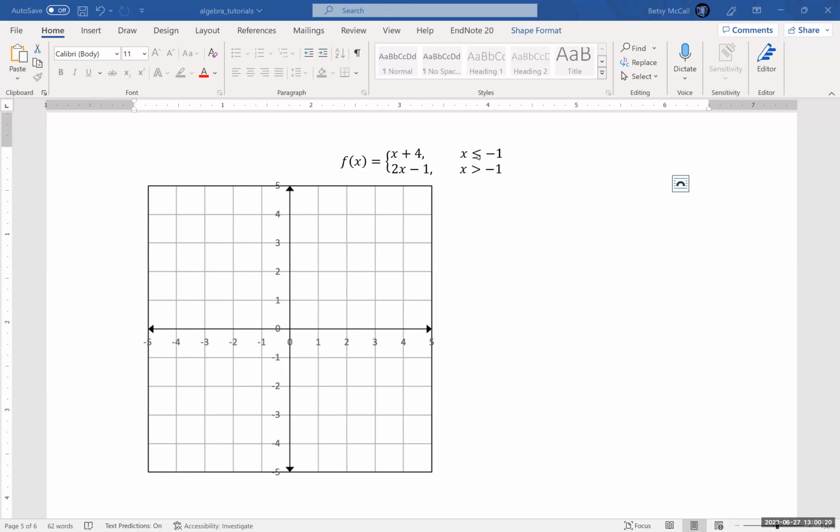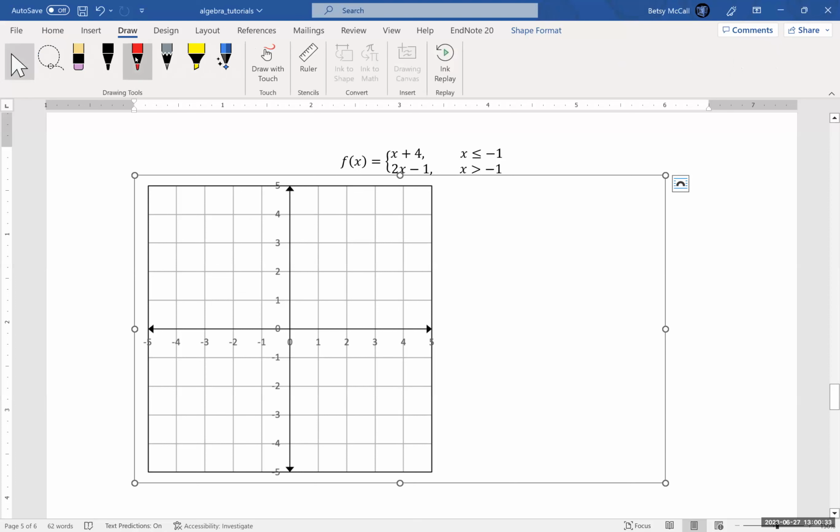And then we'll pick one other point also less than -1 that we can then use to connect the dots. So if I pick x equals -1 and I plug it into here, I'm going to get 3. So -1, 3. And again, I have to color in the closed dot.